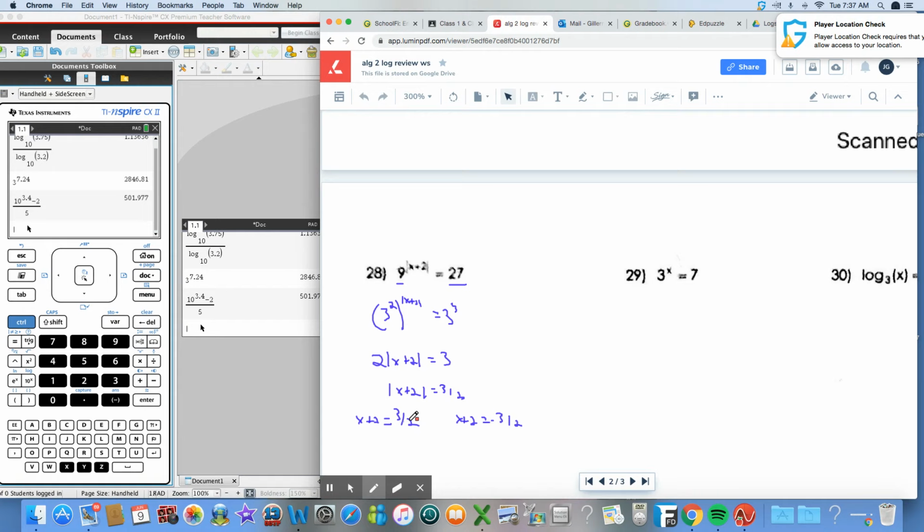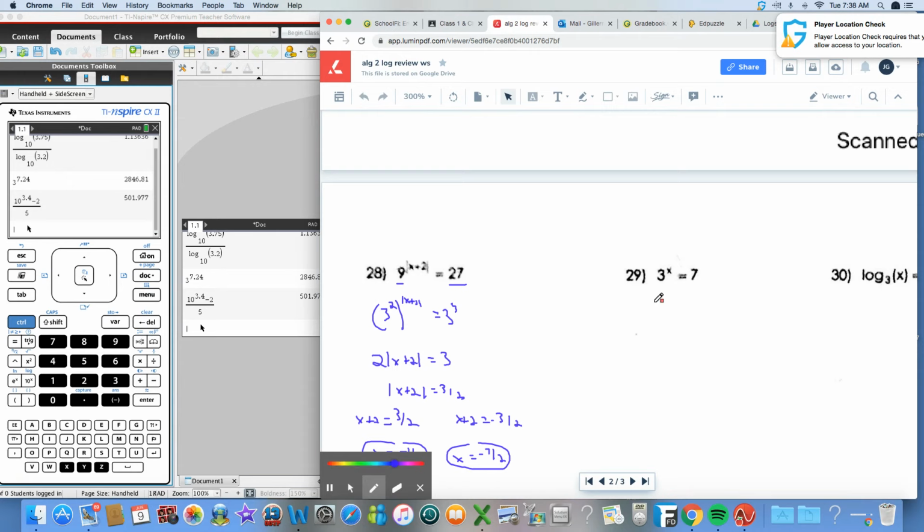The whole problem is the same, 1 positive, 1 negative. So I subtract and I get negative 2 minus 3 halves is negative 1 half, and negative 2 minus 3 halves is negative 7 halves. So I get negative 1 half and negative 7 halves. Obviously, that's the exact answer. You don't need to round that to a decimal answer. It's already good the way it is.